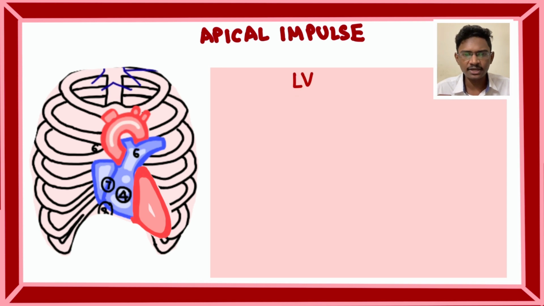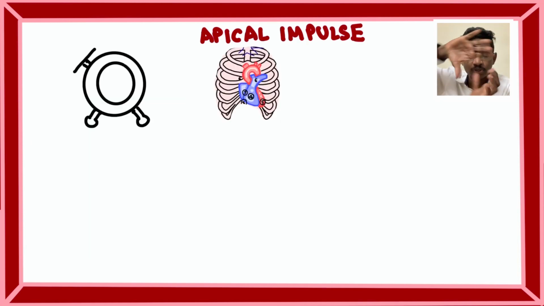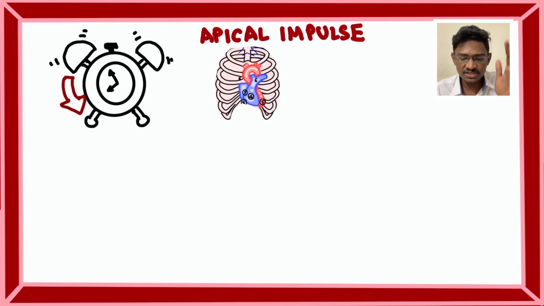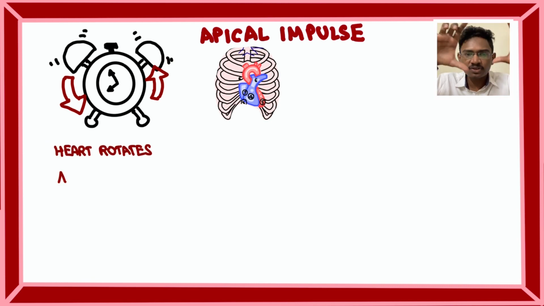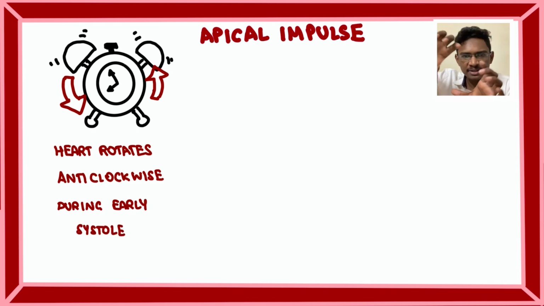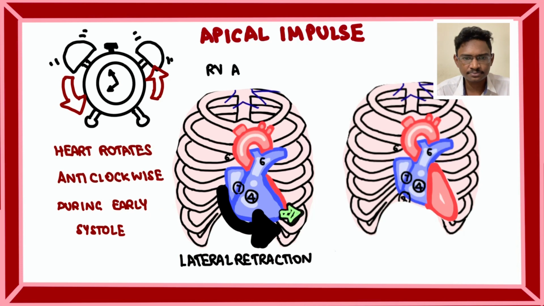Normally in the heart, in early systole, the heart undergoes anti-clockwise rotation. If there is right ventricular hypertrophy and the apex is formed by the right ventricle, as shown in the picture, when the heart rotates anti-clockwise, this will push the impulse laterally, which forms the lateral retraction.